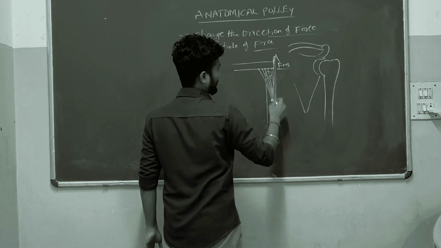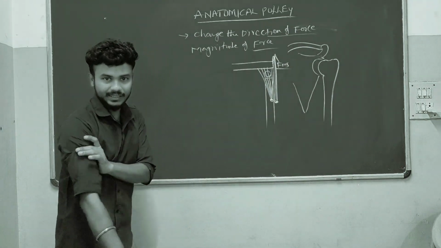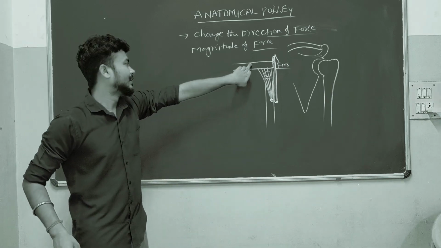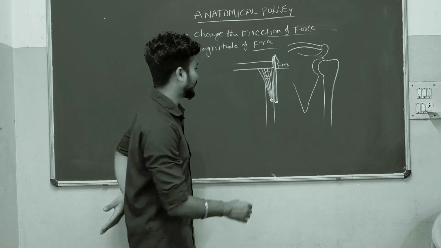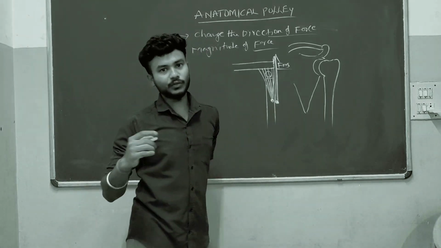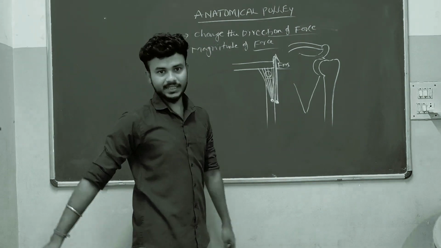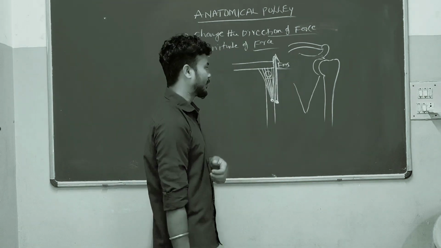If it is happening like this, here we have to assume this is clavicle, this is humerus, this is shoulder. So the total action will be in this direction, and the movement will go like this, a superior movement.